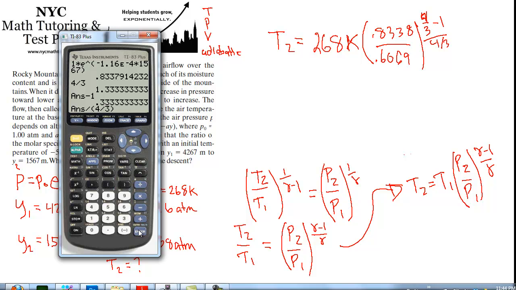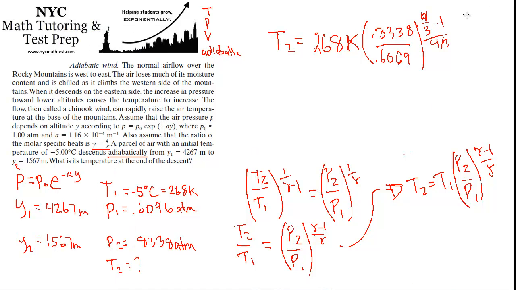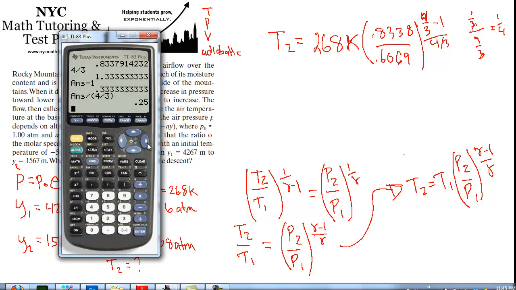We get a quarter. Right? Let's just sense check that. 1/3 divided by 4/3. Yeah, that makes perfect sense, right? We really didn't need a calculator to do that. 4/3 minus 1 is 1/3 divided by 4/3. The 3 cancels, and you end up with a quarter. So that's consistent with what our calculator is telling us.